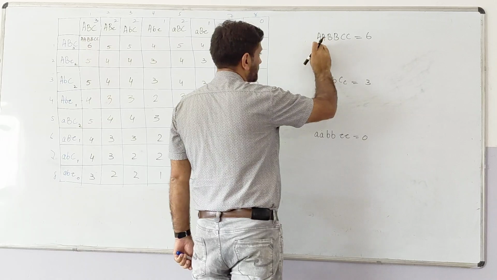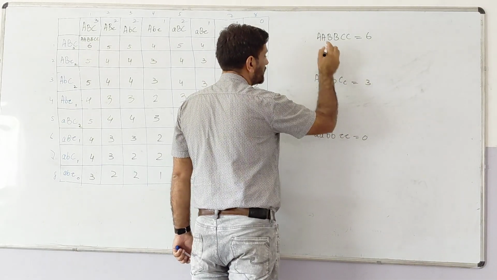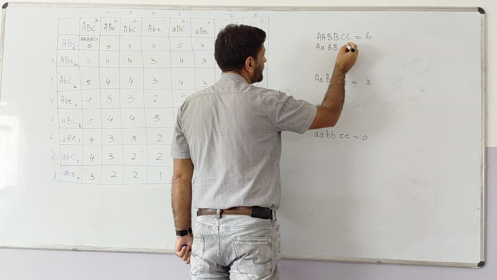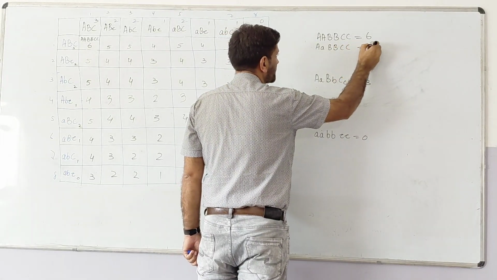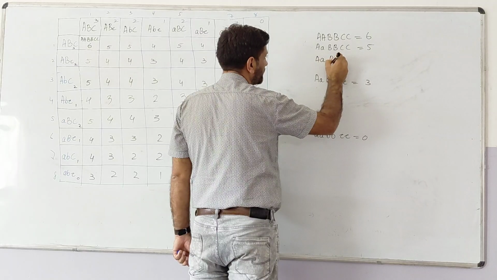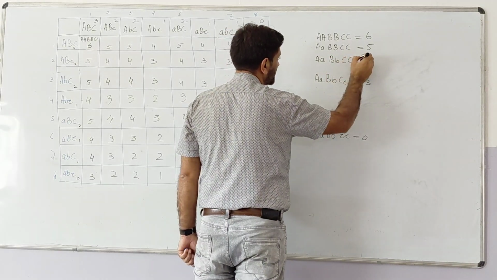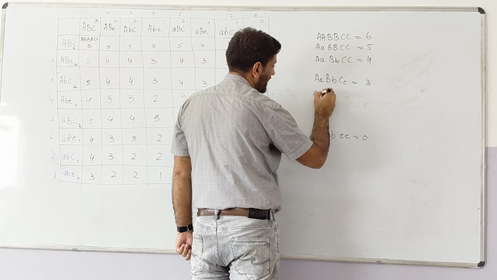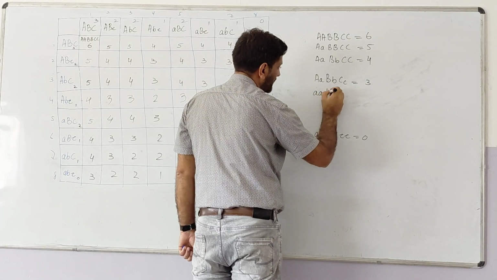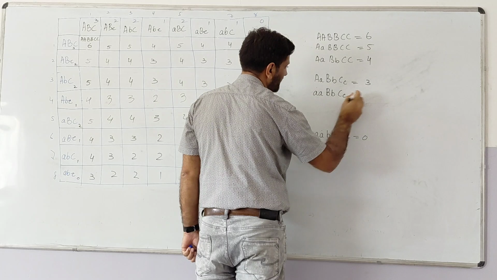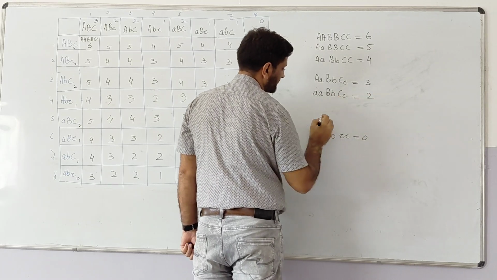So, in this 3 dominant alleles, if we see this is capital A, small a, capital B, capital C, it is having 5 dominant alleles. Capital A, small a, capital B, small b, capital C, it is having 4 dominant alleles. Now, coming here, small a, capital B, small b, capital C, it is having 2 dominant alleles.